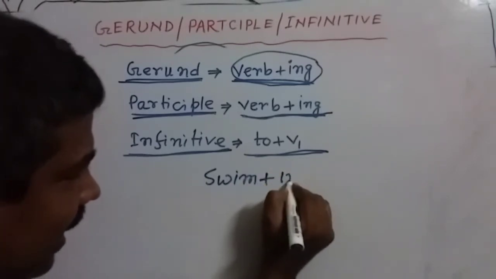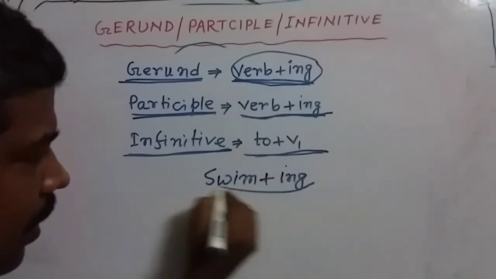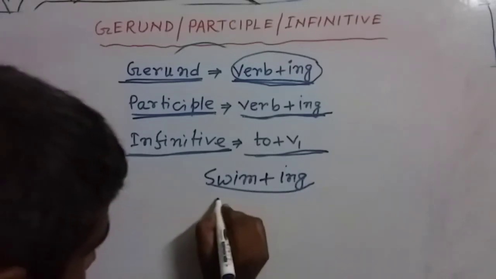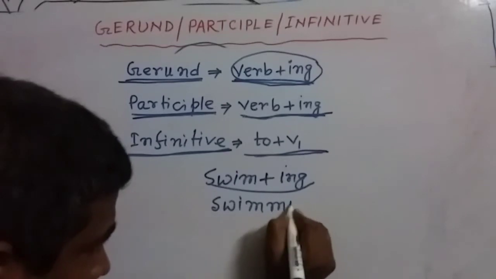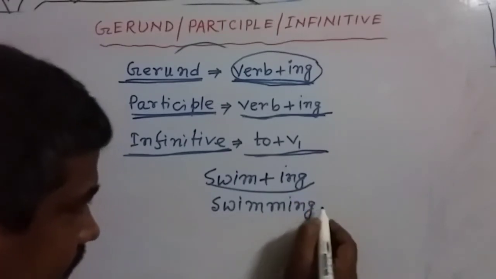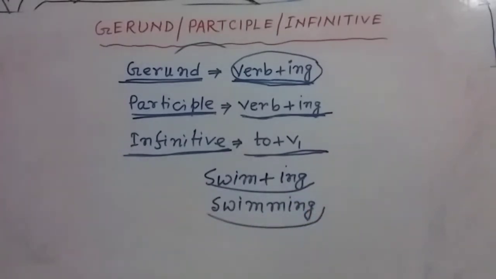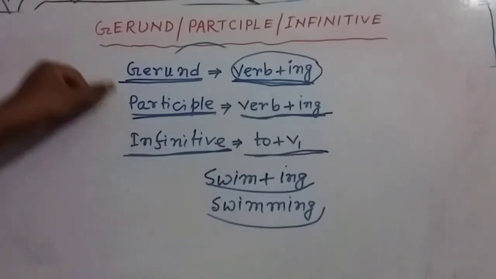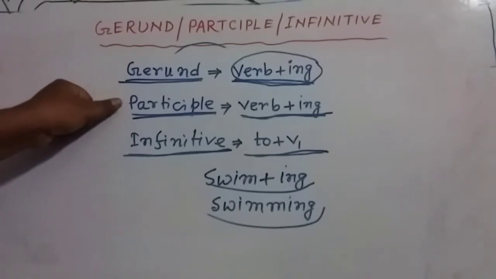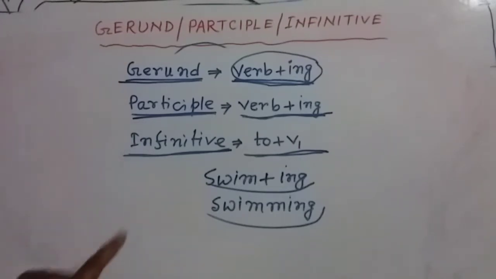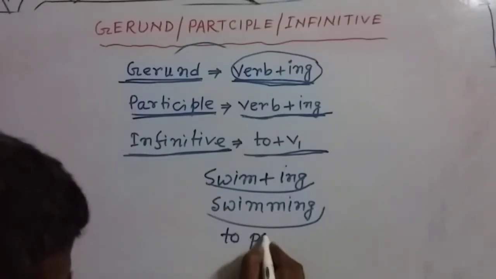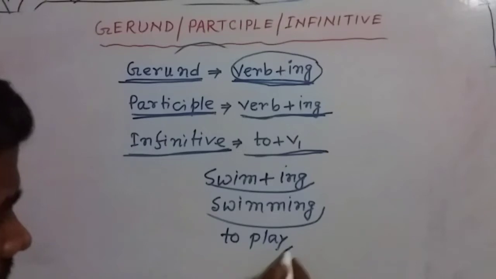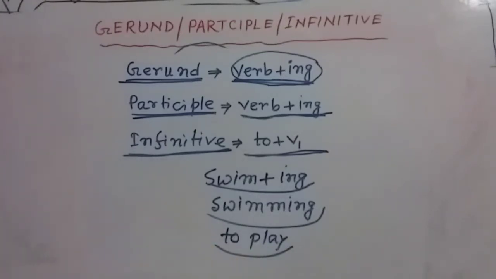Swim plus ing, and it will become swimming. So this form, swimming, can be used as gerund, can be used as participle. And infinitive means to plus verb 1, suppose to play. This is the form of the infinitive.